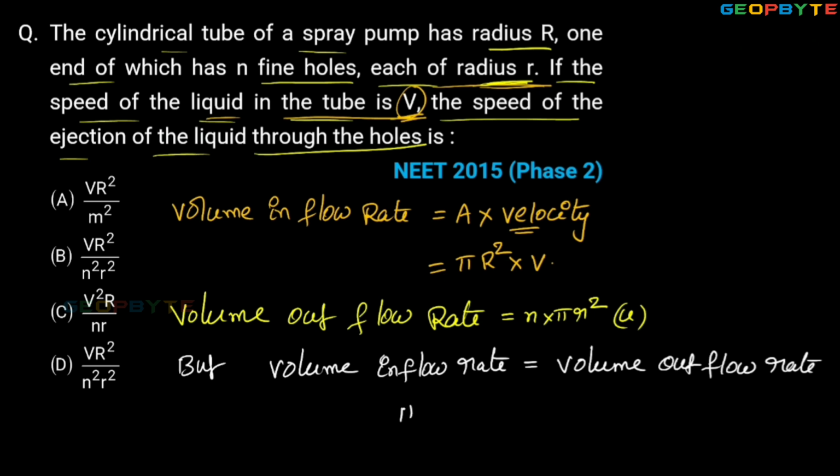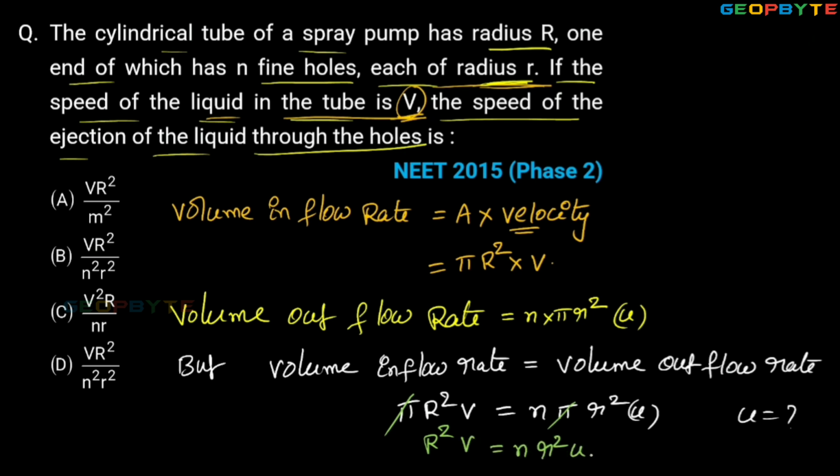Volume inflow rate is pi R square into V, equal to outflow rate, N into pi small r square into U. You are asked to find the value of U. Here, pi will be cancelled. Then it is R square into V equal to N r square into U.